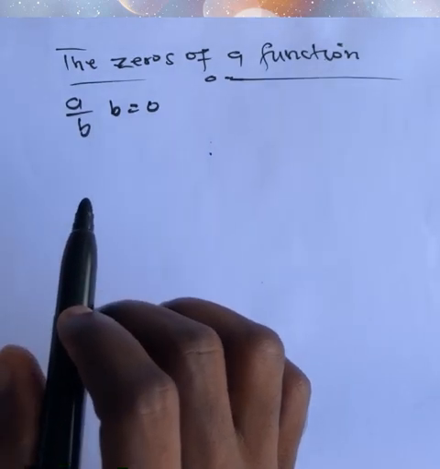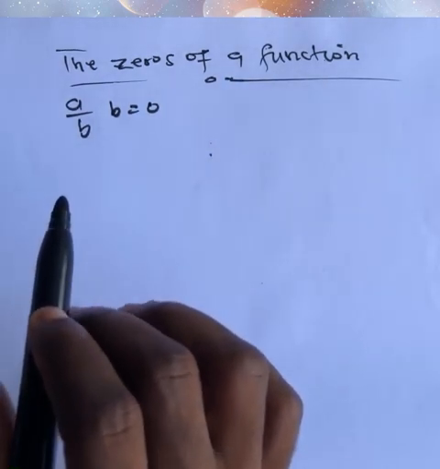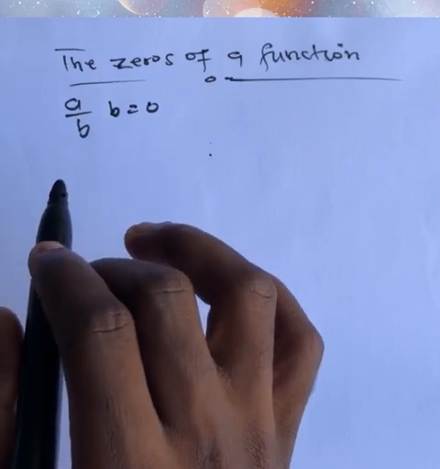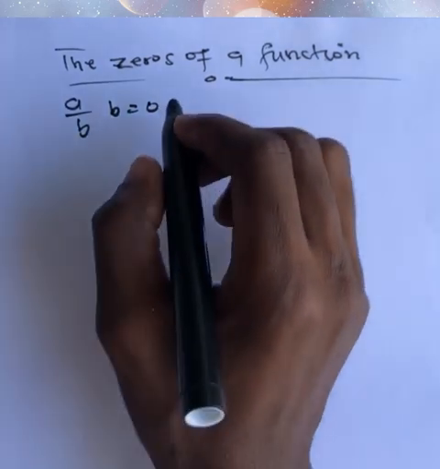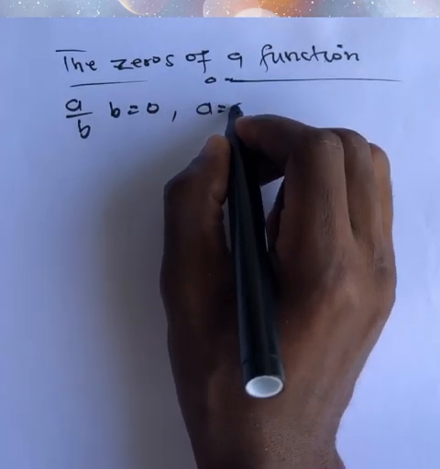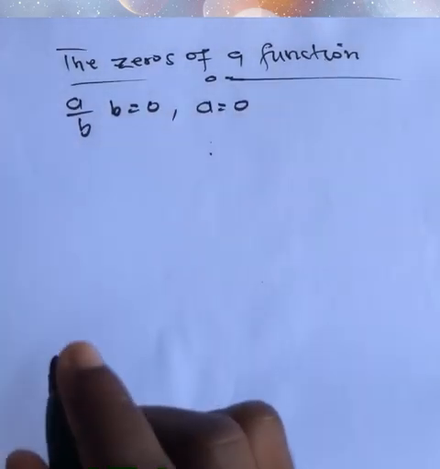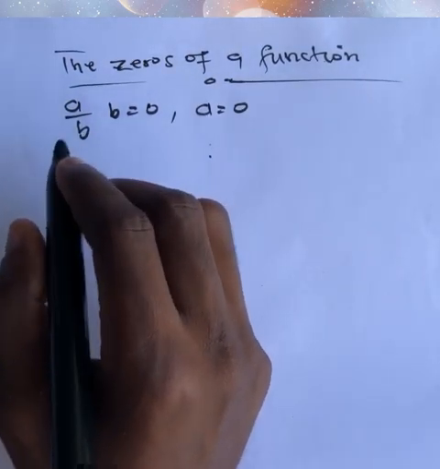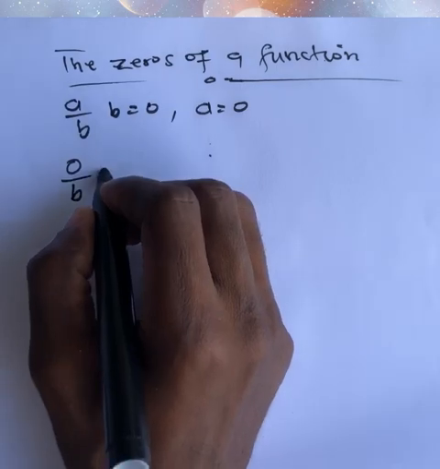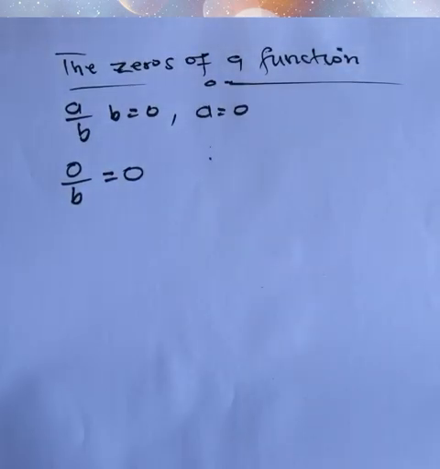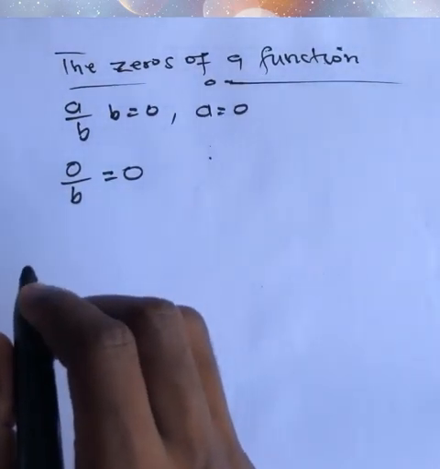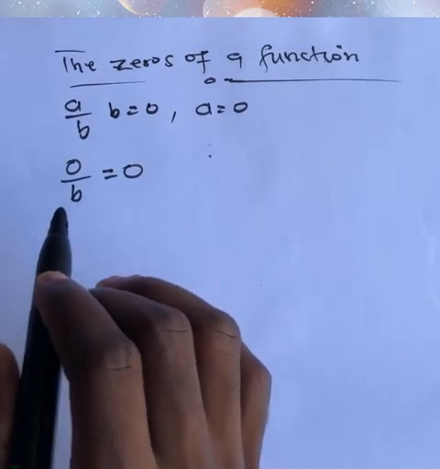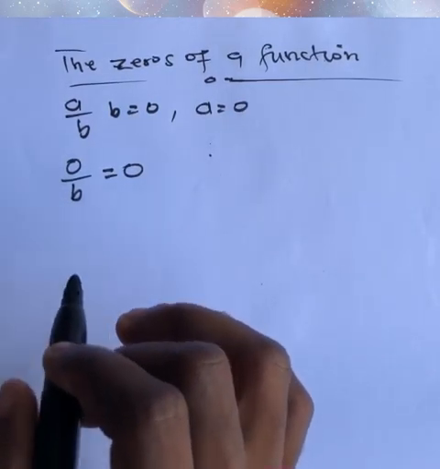But if you want to find what will make the function become 0, then it means that you have to equate the numerator of the fraction to 0. So if I have a to be 0, then you can see that this is a zero of the function, because once I replace this a by 0 over b, I'll get what? 0.